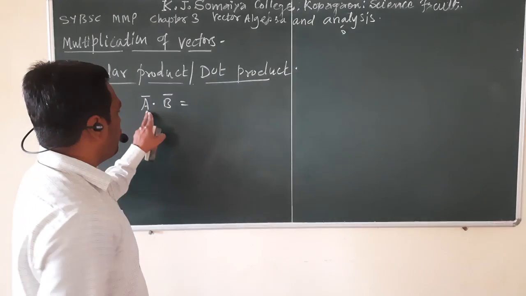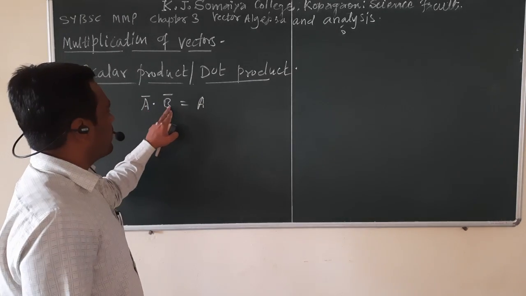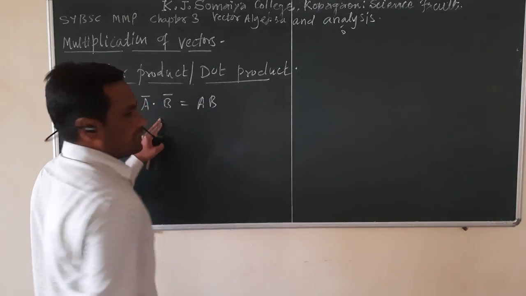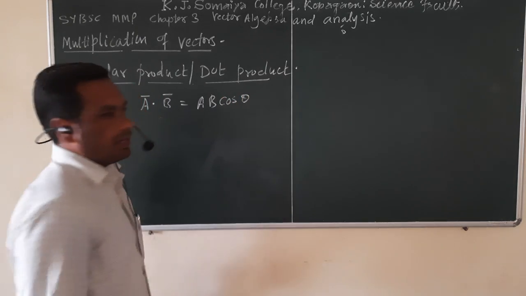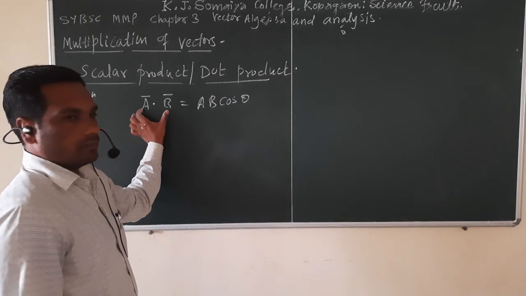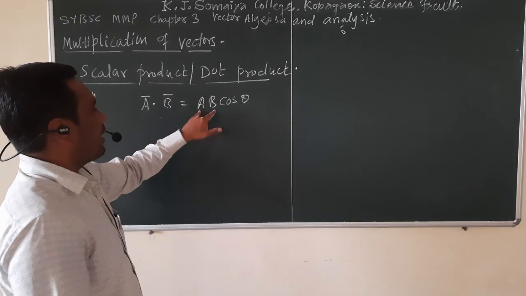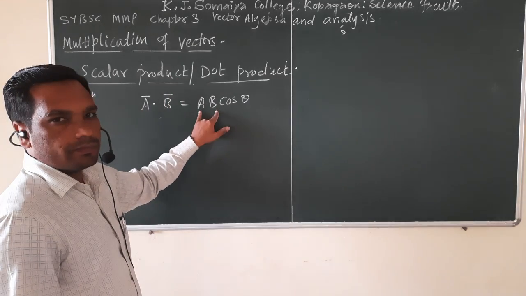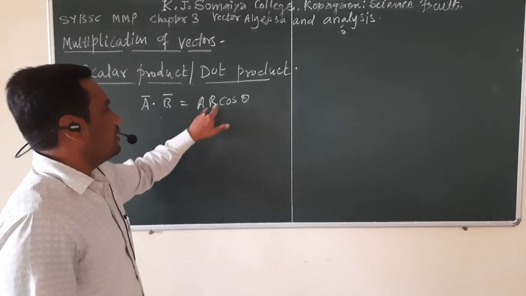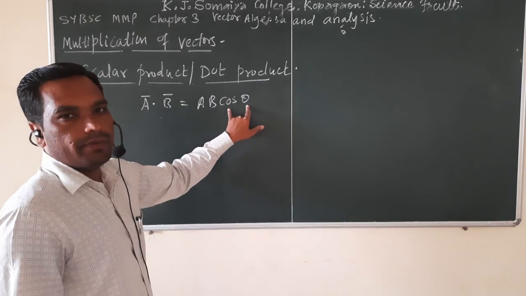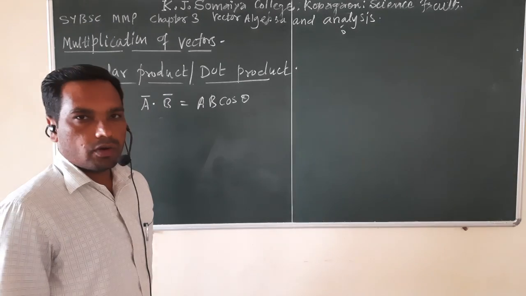Take the magnitude of the first vector, which is A, take the magnitude of the second vector, which is B, and take the cosine of the angle between these two vectors. It is the multiplication of the magnitude of the first vector, the magnitude of the second vector, and the cosine of the angle between them. In this way we can define dot product.